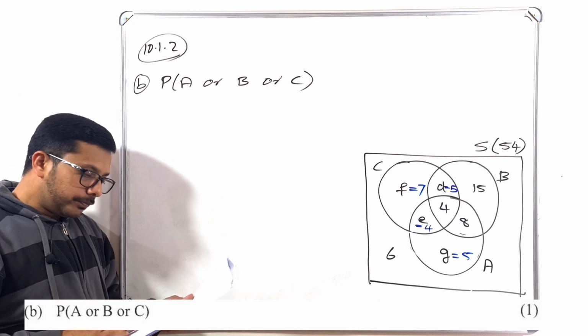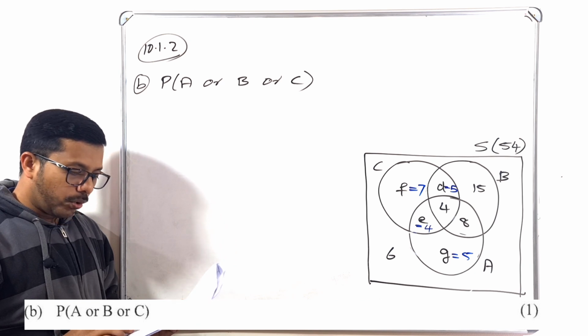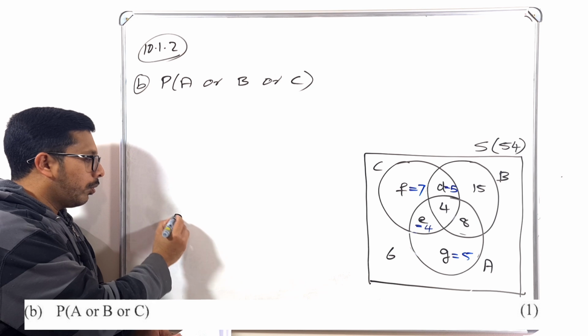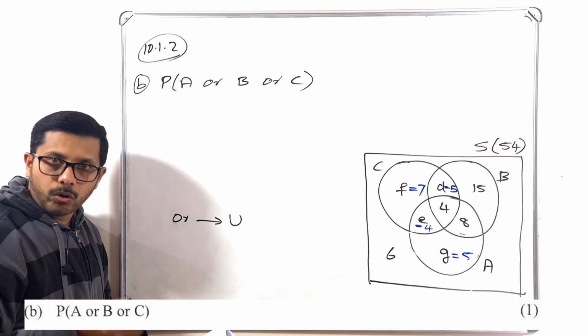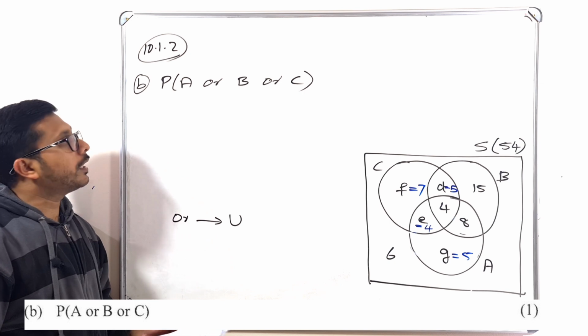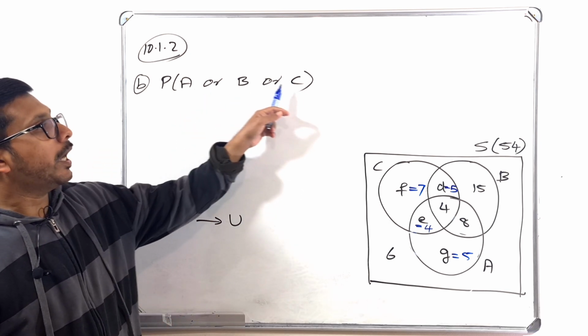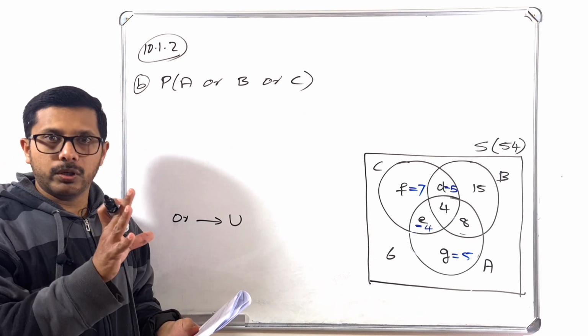I already told you, or means what? Union. Union means what? All. So it means that you have to write A, B and C. What is the total of A, B, C? Union means all.